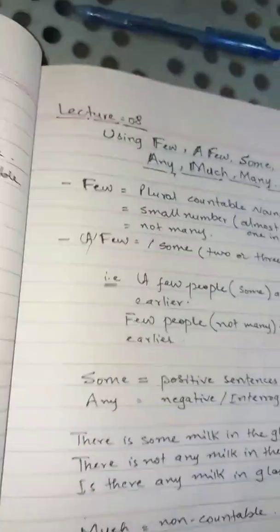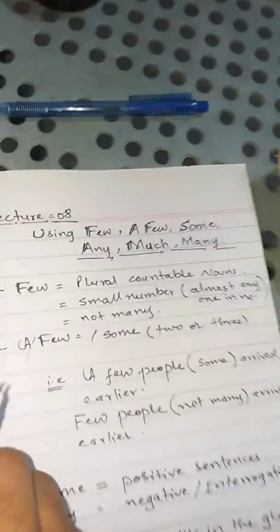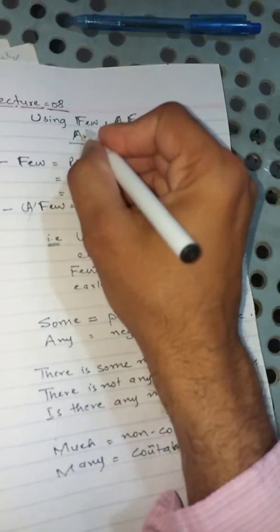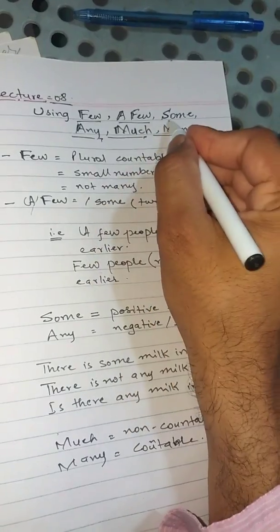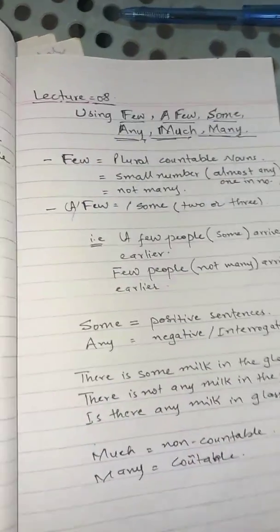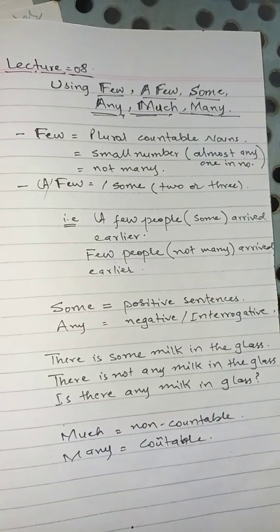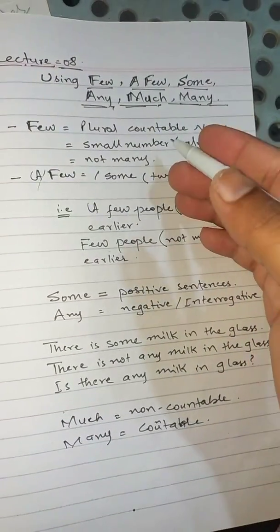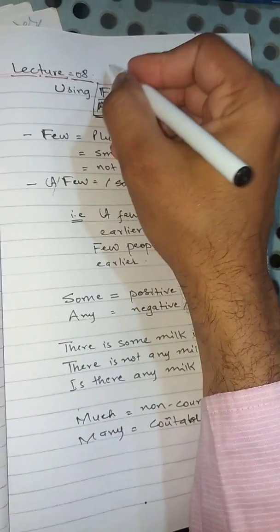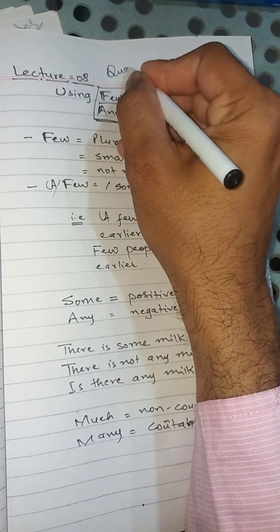Today we are going to learn lecture number 8, in which we are going to learn the use of few, a few, some, any, much and many. In English grammar, these words are known as quantifiers.